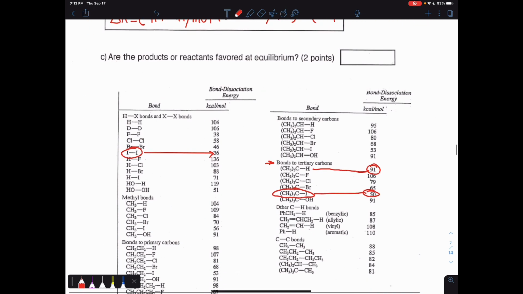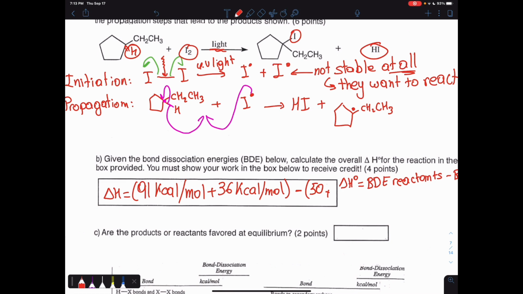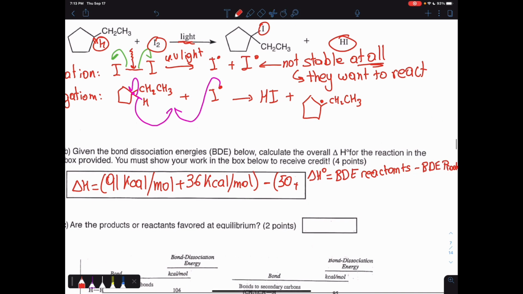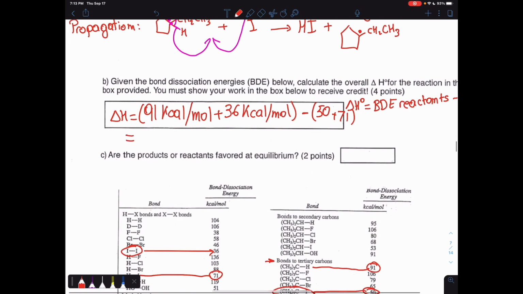So that would be right here. So that's 71. So 50 plus 71. And then if you add all of this, you're not allowed to calculate on the test, so you should be able to do this. This is pretty simple math. So it will be plus 6 kilocalories per mole.